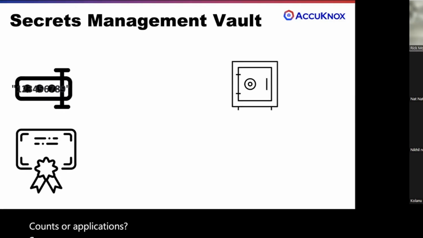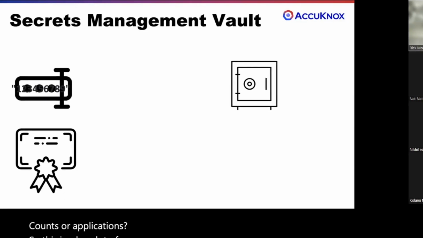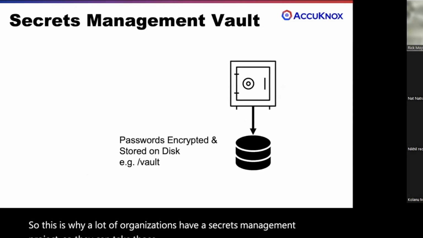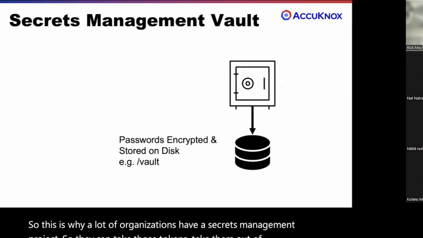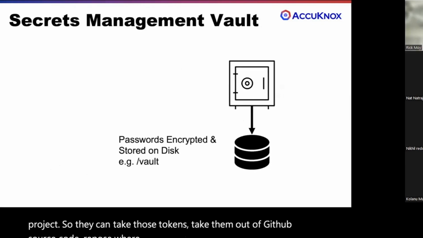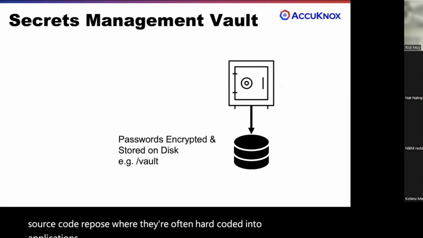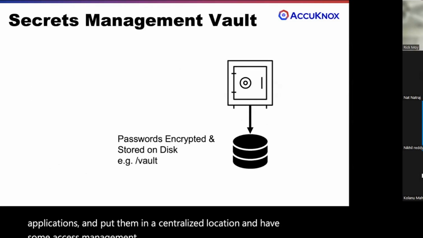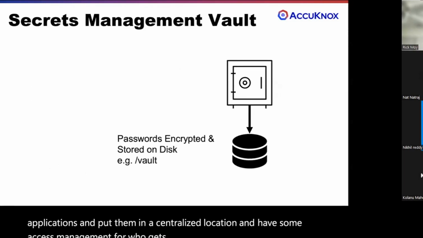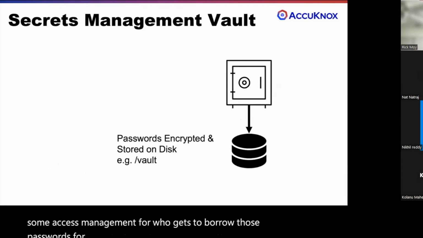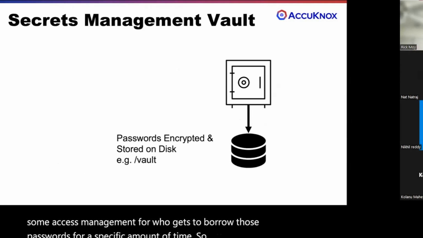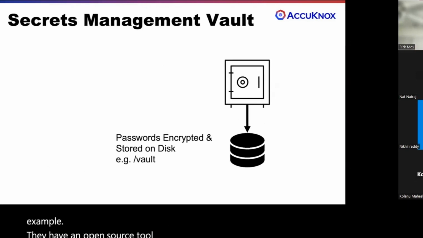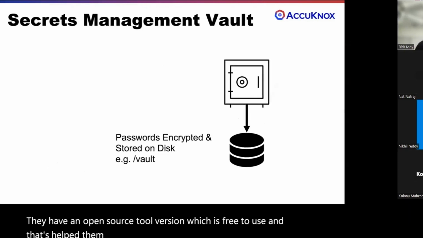So this is why a lot of organizations have a secrets management project. So they can take those tokens, take them out of GitHub source code repos, where they're often hard-coded into applications, and put them in a centralized location and have some access management for who gets to borrow those passwords for a specific amount of time. So HashiCorp Vault's one example. They have an open source tool version which is free to use, and that helped them get a lot of traction.